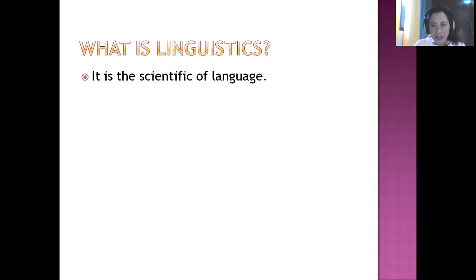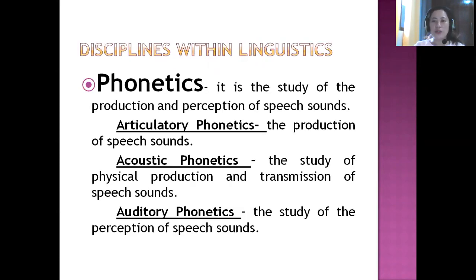And then the very vital is the meaning of language in context. So what are the disciplines of linguistics that we need to go through in order to have a linguistic analysis?